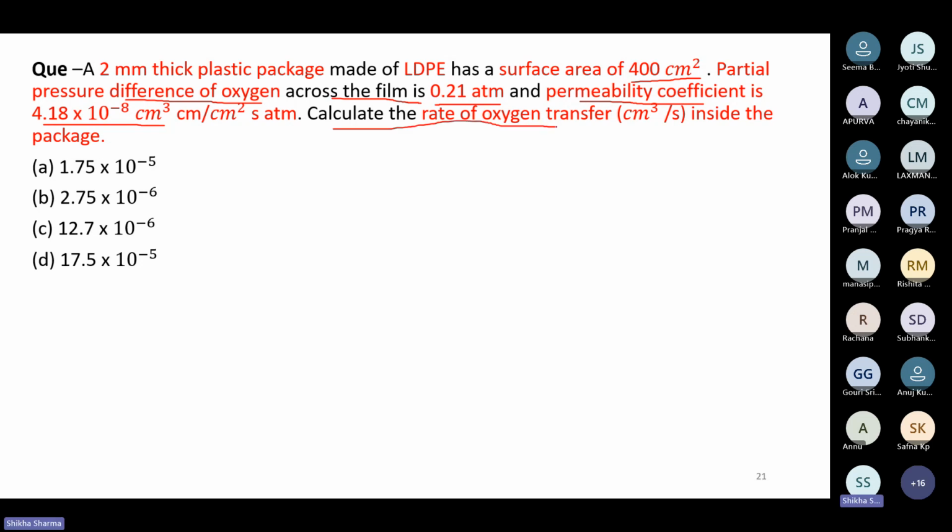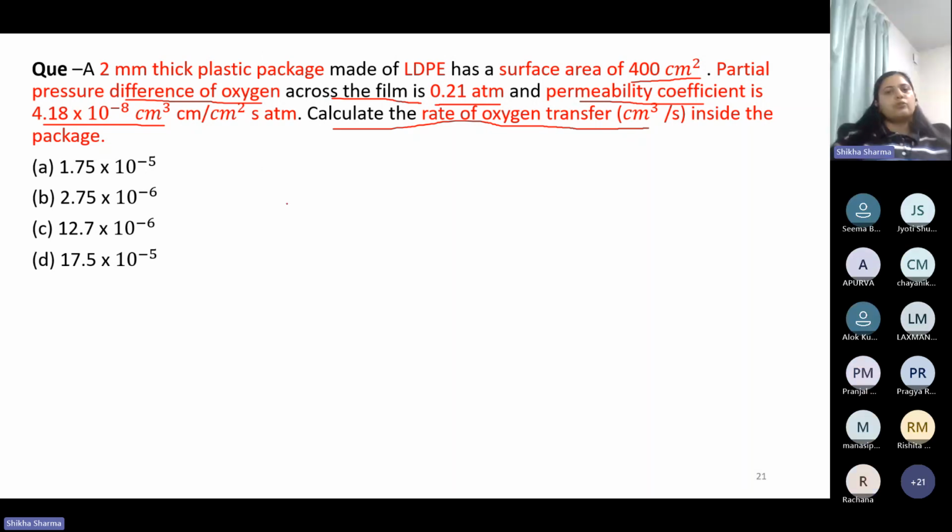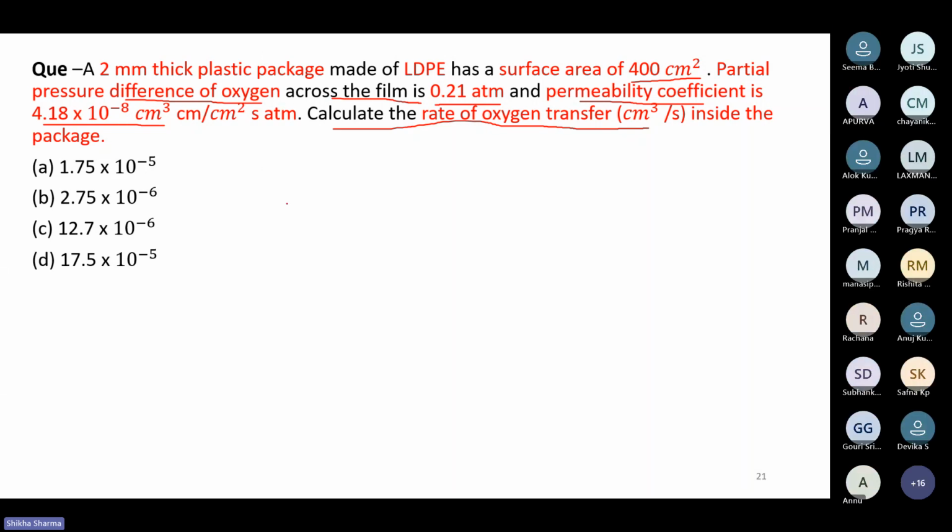We need to calculate the rate of oxygen transfer inside the packaging material. Anyone, please try to solve this question, and please let me know which formula we should apply here for calculating permeability coefficient.